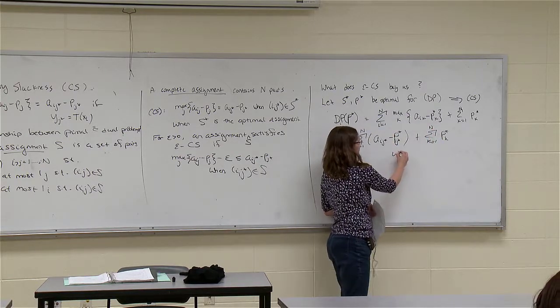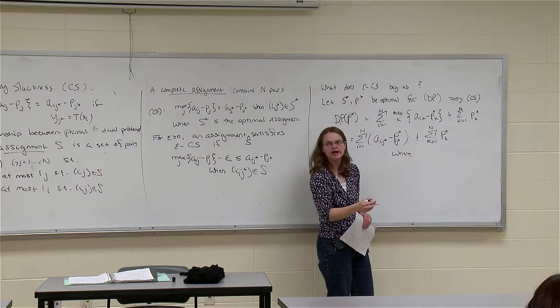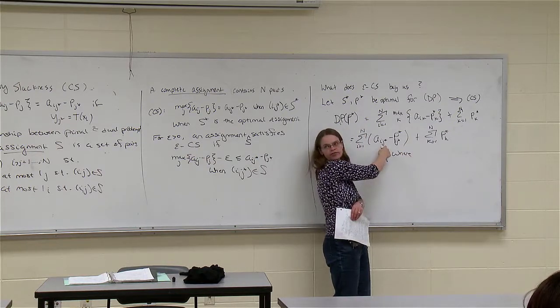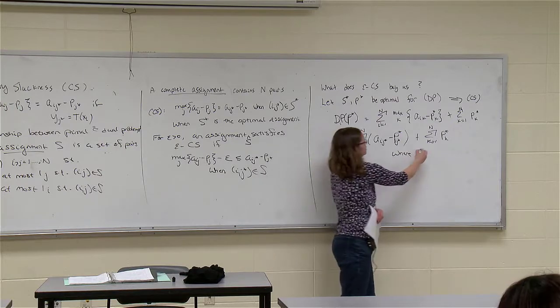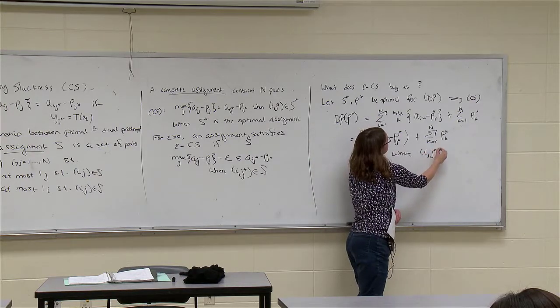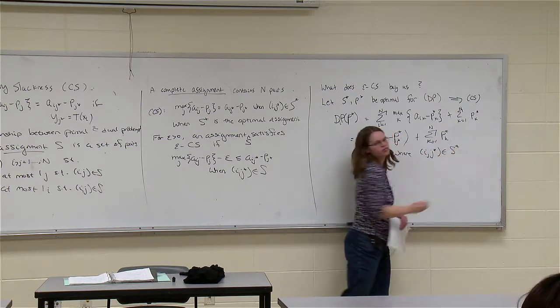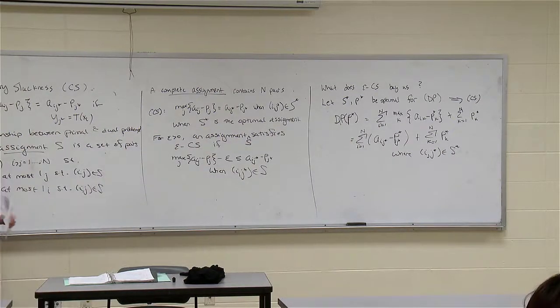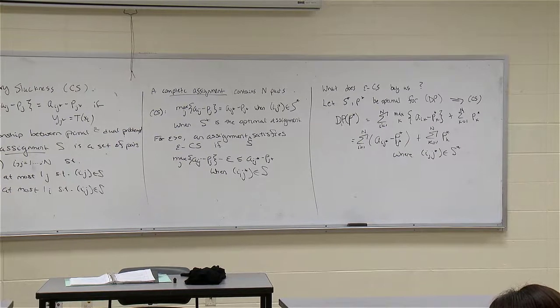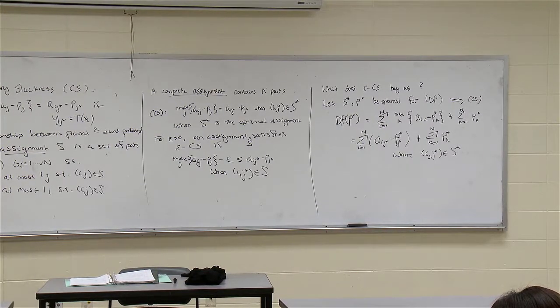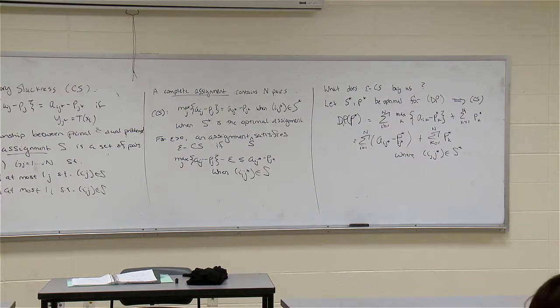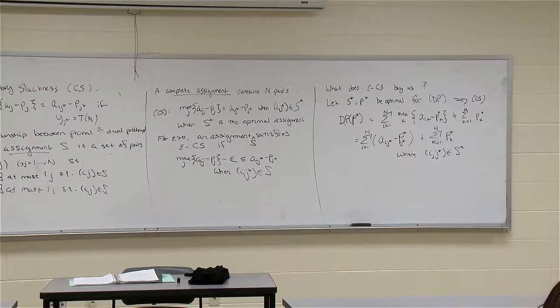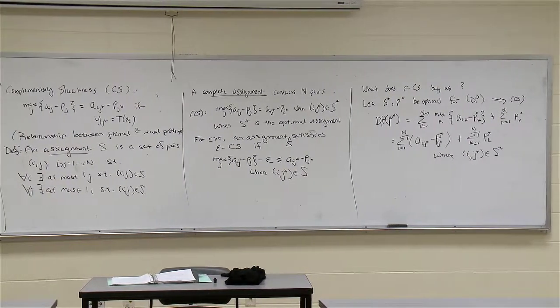For each i, j* is implicitly a function of i here, right? i and j* belong to this optimal assignment. Can I simplify this?